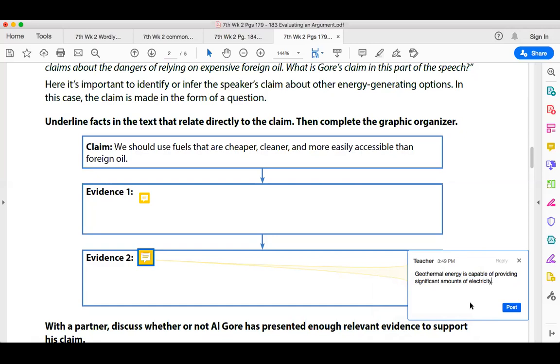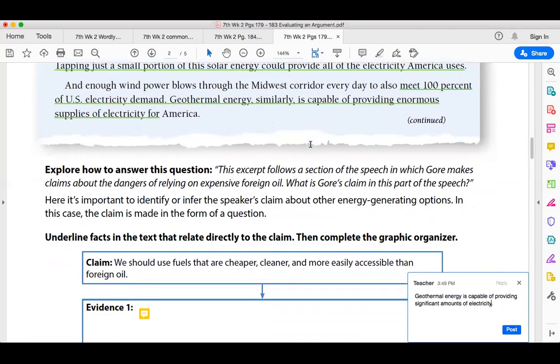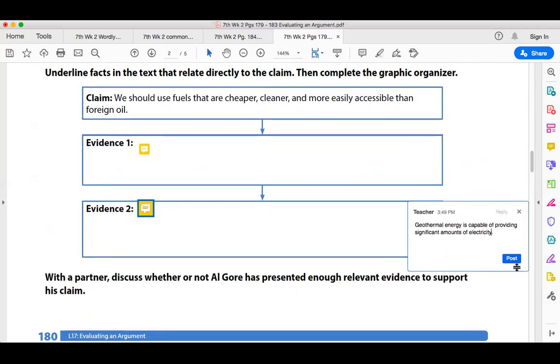Right, so geothermal energy is capable of providing significant amounts of electricity, and that was dealing with that part. I didn't copy word for word, I wrote them in my own terms.